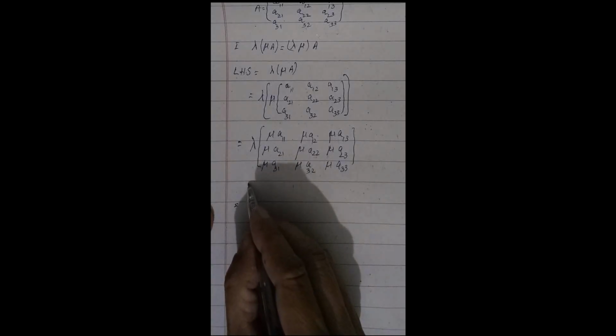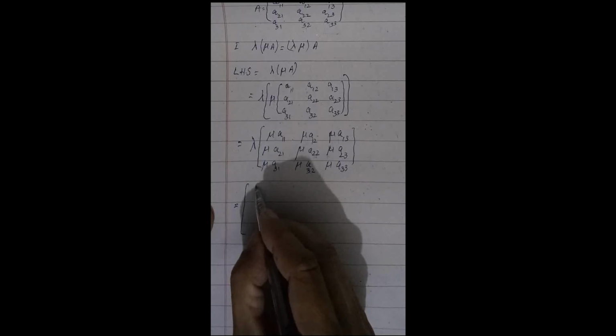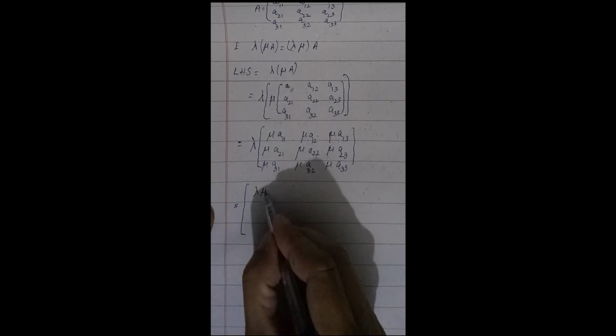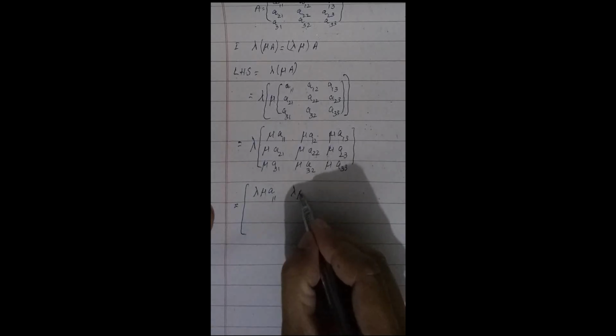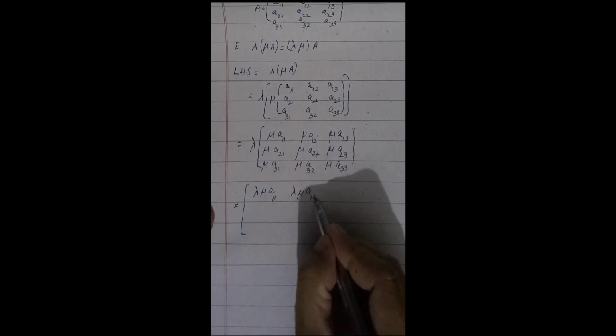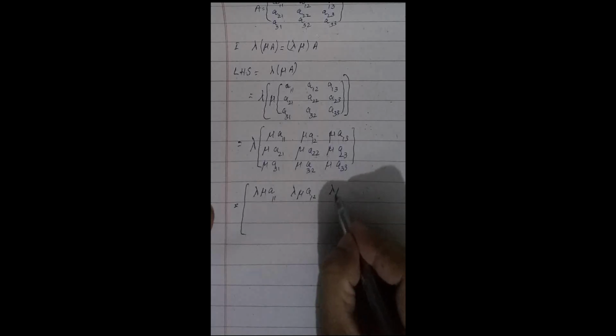And next we multiply lambda with the matrix, and it is the same scalar multiplication, and we get lambda mu A11, lambda mu A12, lambda mu A13.